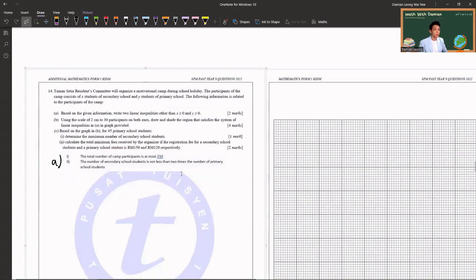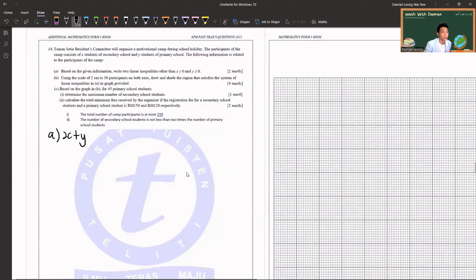Okay. Total number of camp participants is at most 210. Means if I consider x plus y, number of secondary school students and primary school students added together is at most, means less or equals 210. Then the number of secondary students is not less than 2 times the number of primary school students.